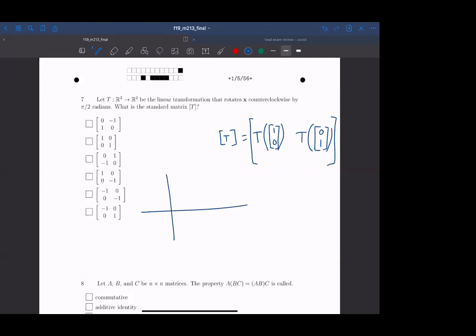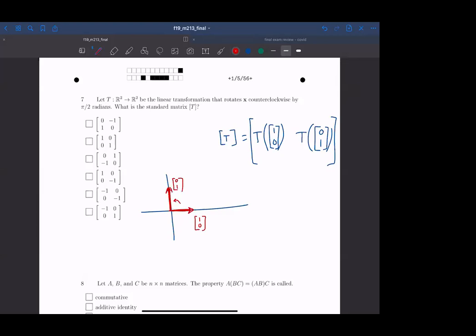So if I look at my vectors here, here's the vector 1, 0. When I rotate it 90 degrees, I get 0, 1.